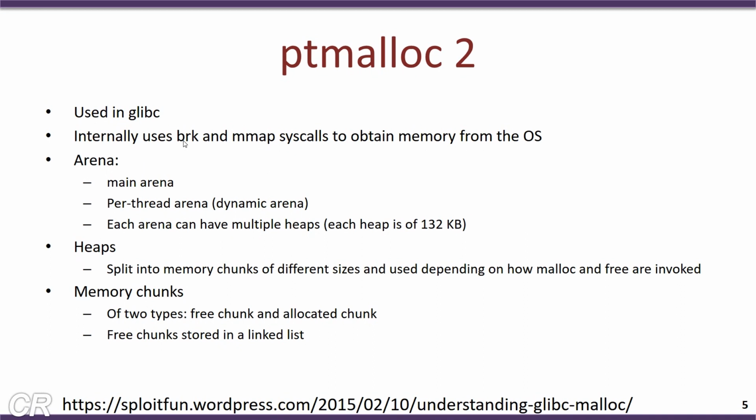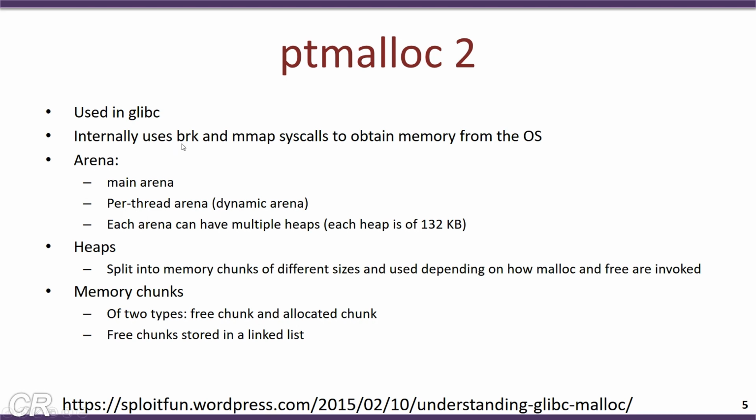That 132 kilobytes is used by PTMalloc2 for its heap space. Within this particular area, you have different components. You have something known as an arena, then within the arena you have heaps, and within the heaps you have memory chunks.